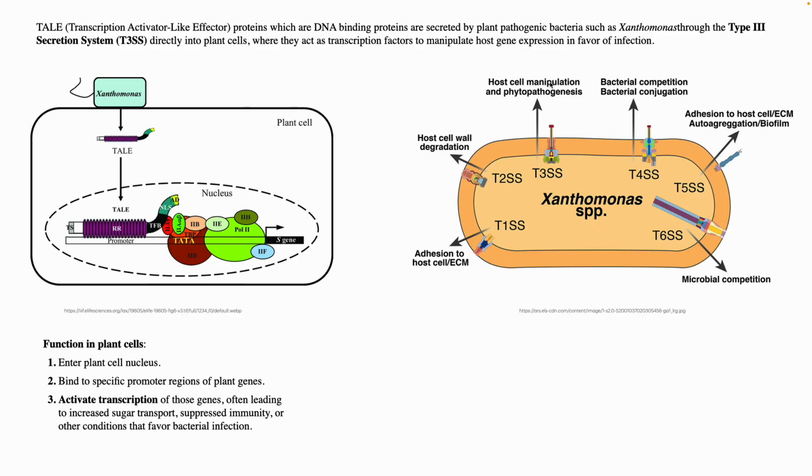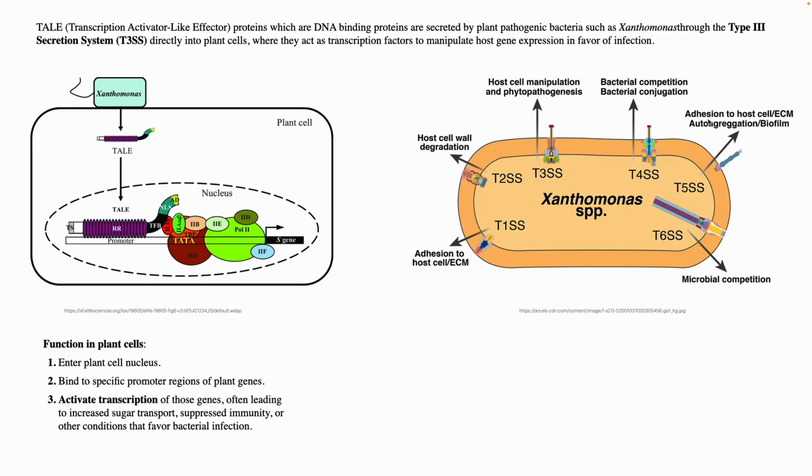The T3 secretion system regulates host cell manipulation and phytopathogenesis by secreting the TAL protein into the nucleus of the plant cell, which overtakes the transcription machinery in order to increase its infection. The T4 secretion system regulates bacterial competition and bacterial conjugation. The T5 secretion system regulates adhesion to host cell, auto aggregation and biofilm formation.